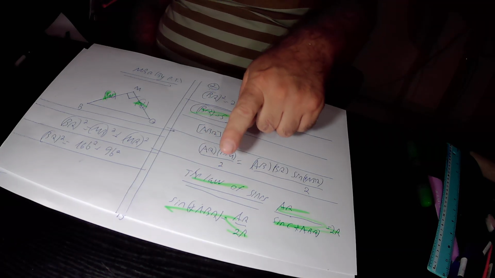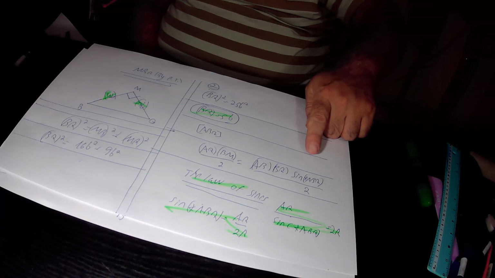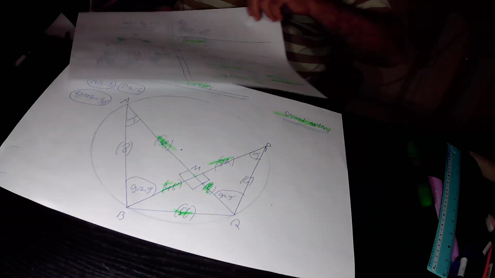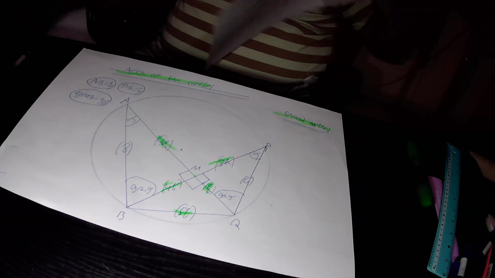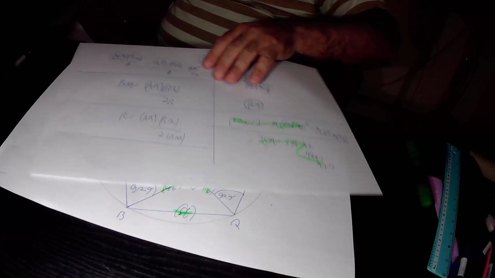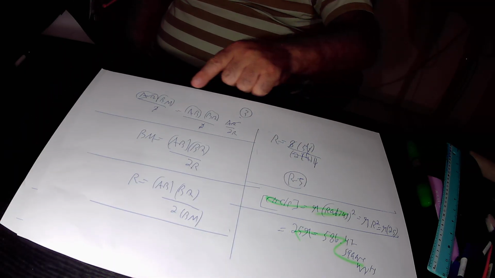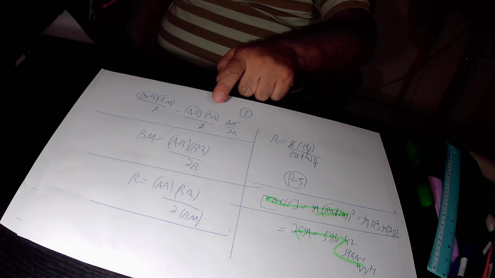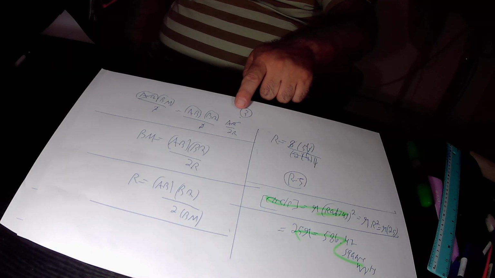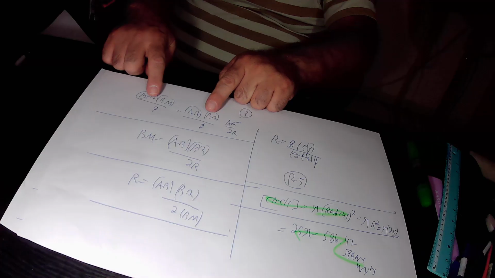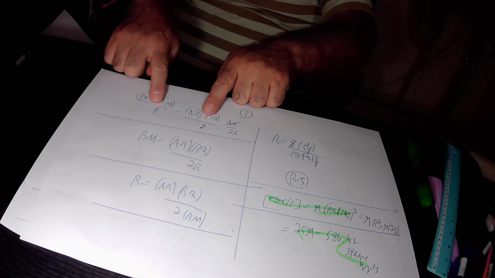Now we can substitute sine angle ABQ in this equation by AQ over 2R. We did it, and found that AQ minus BM over 2 equals AB times BQ over 2, and sine angle ABQ equals AQ over 2R. Here we have 2 on both sides, so 2 will get cancelled.